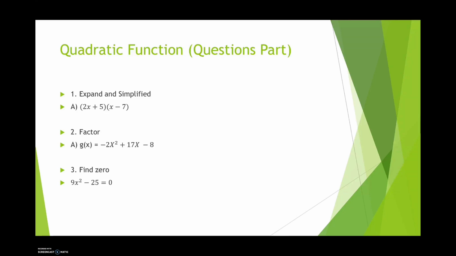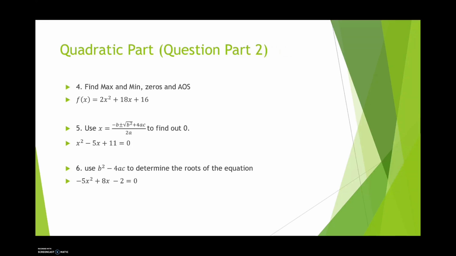After that is finding zeros, which is the same as factoring, so it is a similar thing. After that is finding the maximum or minimum, zeros and axis of symmetry. Just take a look at number 4: f(x) equals 2x squared plus 18x plus 16.